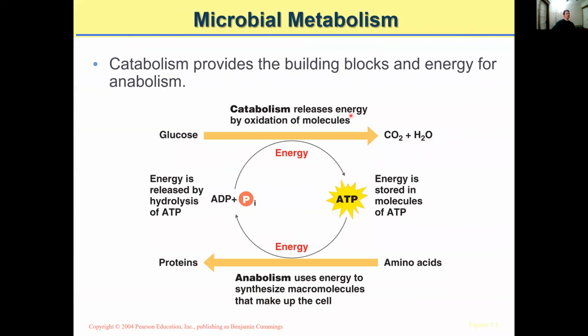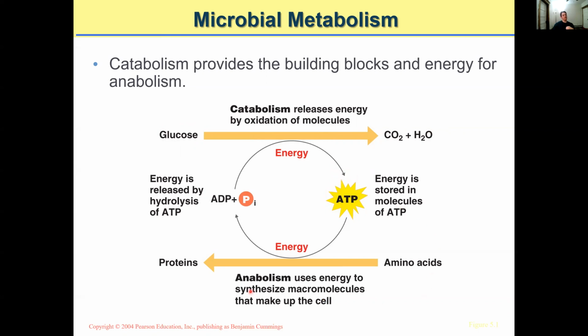So, as I said before, catabolism provides the building blocks and the energy for anabolism. Catabolic reactions, represented on the top here, are generally hydrolytic reactions. These are reactions that use water to break chemical bonds, and they are exergonic, meaning they produce more energy than they consume. Here you can see the glucose, which is a sugar molecule, broken down into carbon dioxide and water, and energy is released because this is an exergonic reaction.